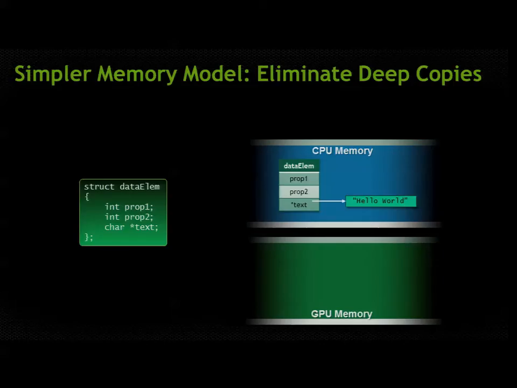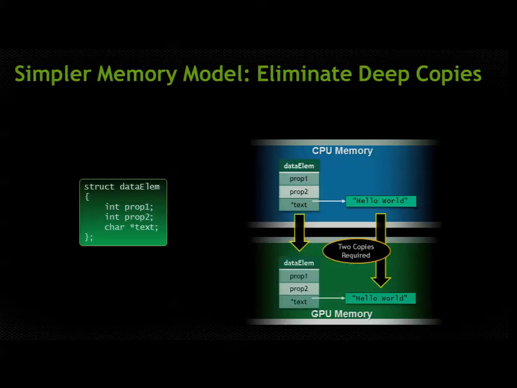So in CPU memory, it looks like this. Now, if you want to transfer this, you actually need to make 2 copies. You first have to copy the data structure itself, and then you have to copy the string that's pointed to with this pointer. If you ignored the second copy, you would end up with a pointer as the third entry that still points to this location on the CPU side.